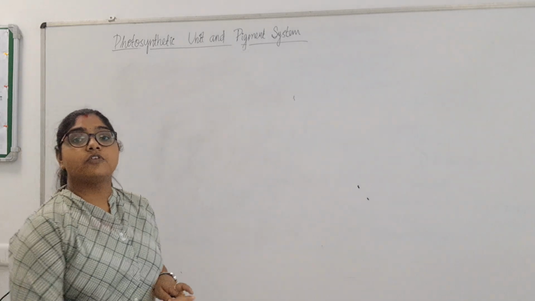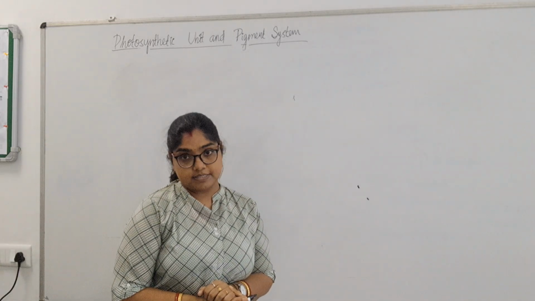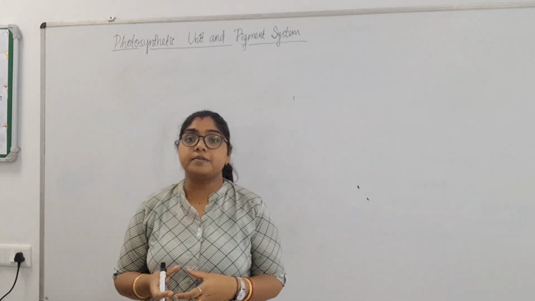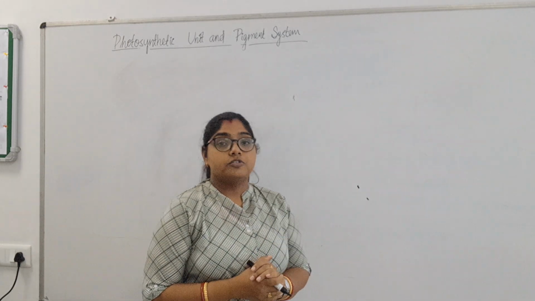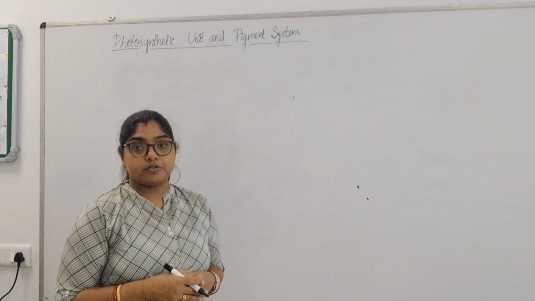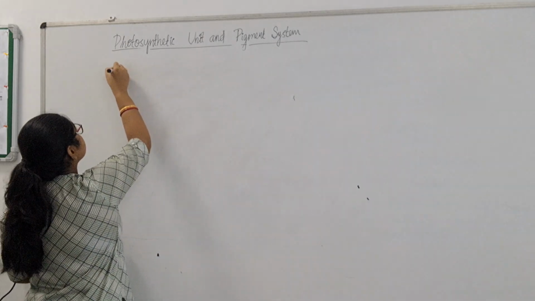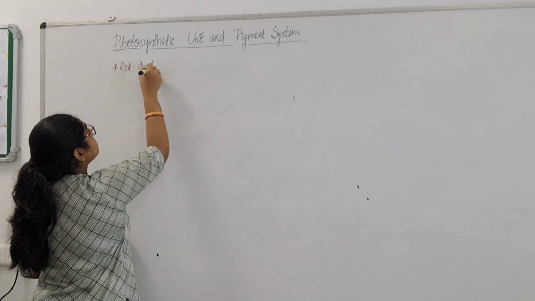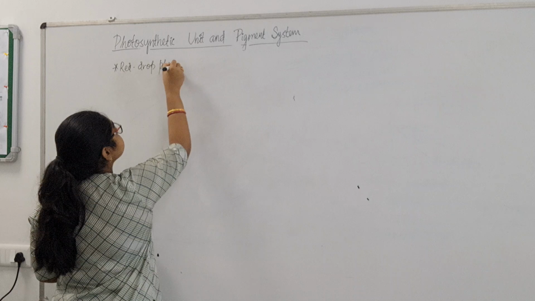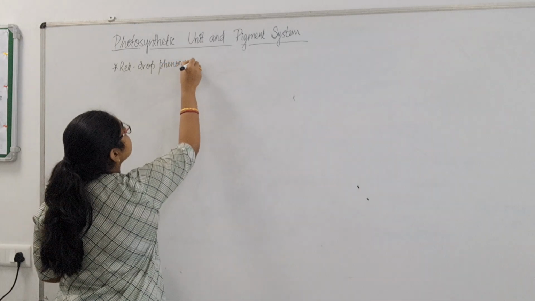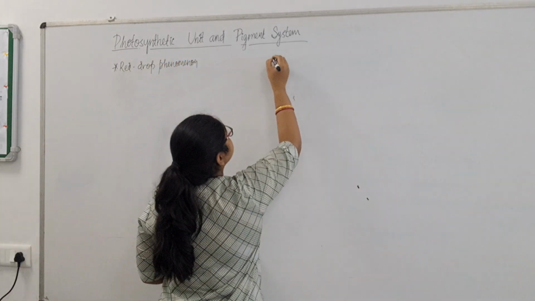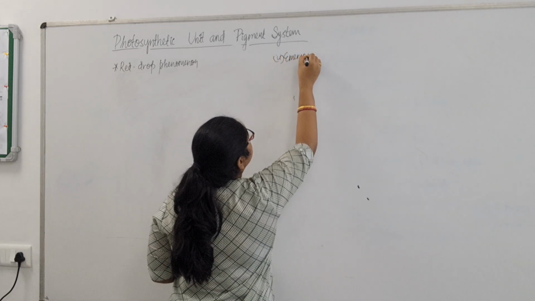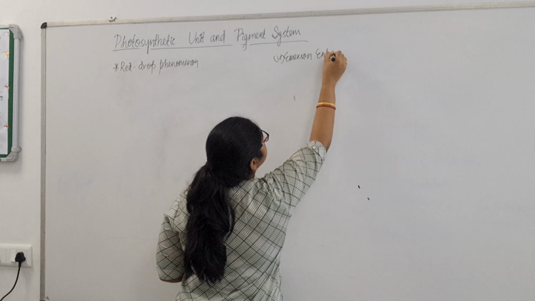All oxygenic photosynthetic organisms possess pigment systems. There are two pigment systems, but they came into light because of two phenomena. First we will discuss those two phenomena. One is the red drop phenomenon, and the second one is the Emerson enhancement effect.